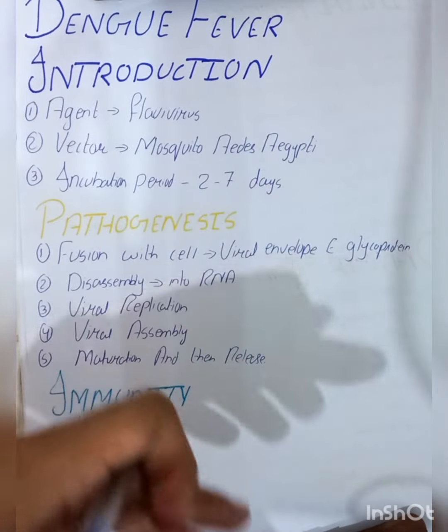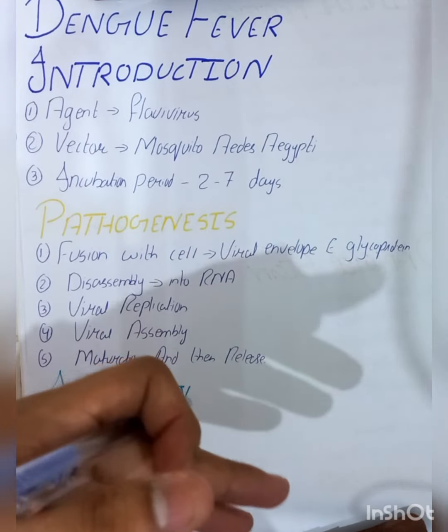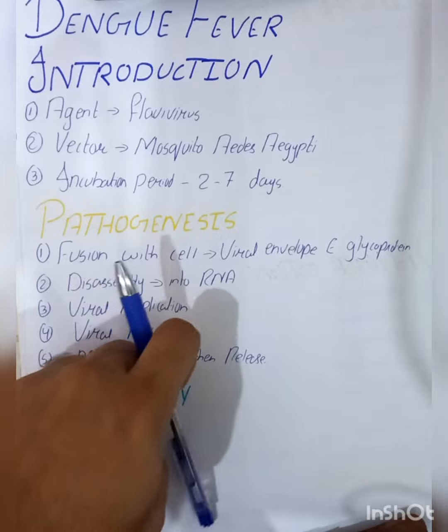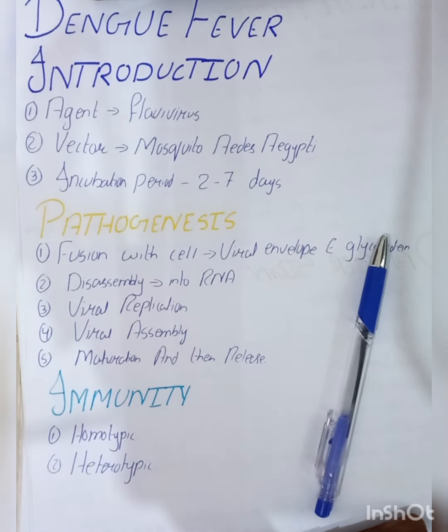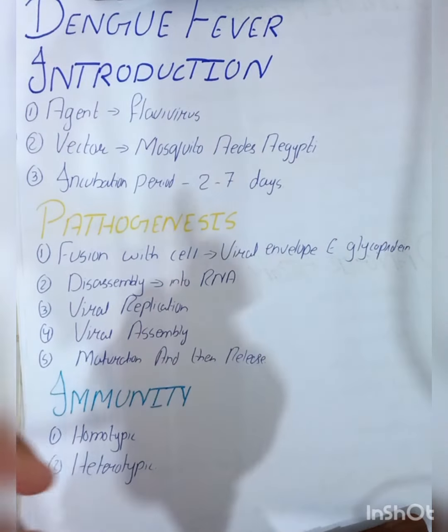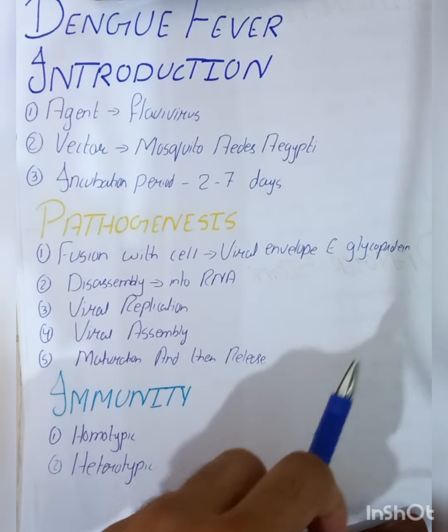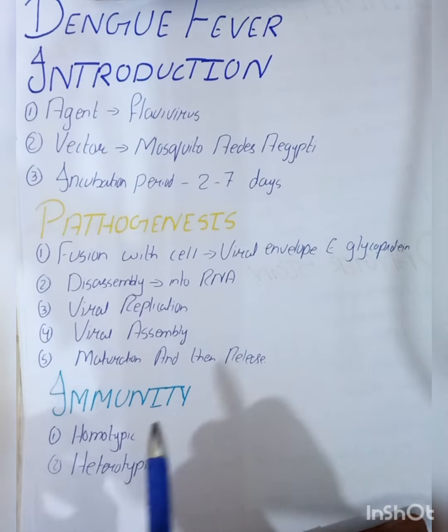This is called viral replication, and it leads to viral assembly into the same structures like envelope and capsid. Then viral maturation occurs, and it is released from the cells, enters the blood, and causes symptoms.